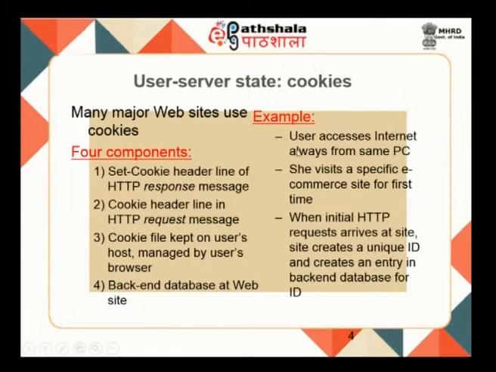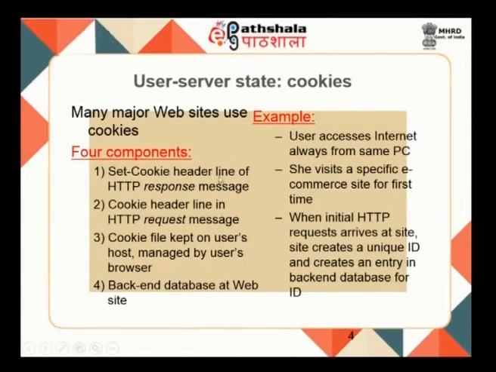So, how are these 4 components actually used? It goes like this. Let us say a user accesses the internet always from the same PC. When he or she visits a specific website for the first time, when that initial HTTP request arrives at the site, the site will create a unique ID for this user and create an entry in its backend database.